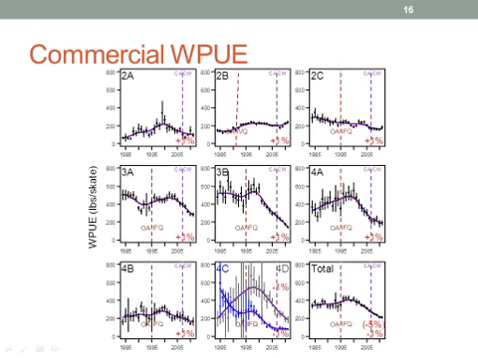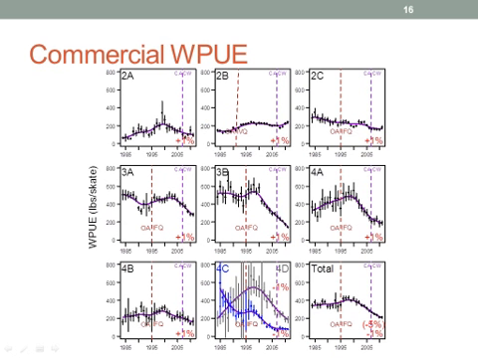This again just takes all those same time series and plots them on a common scale. Here they're all scaled from 0 to 800 to account for the largest catch rates in some of the areas, like 3B and 4C in the early days. And then you can see that the commercial catch rates are much more similar along different areas than they were early on, say in the mid-90s.